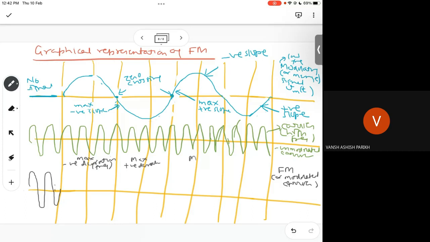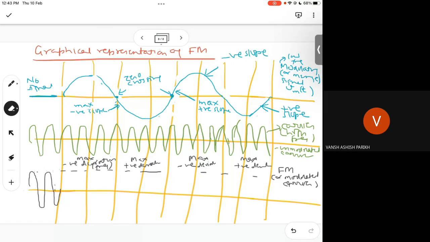Again, maximum negative deviation, and similarly here, maximum positive deviation. Now, for maximum negative deviation, the frequency changes but the amplitude should not change. Amplitude should not change, so the amplitude is going to remain within this.